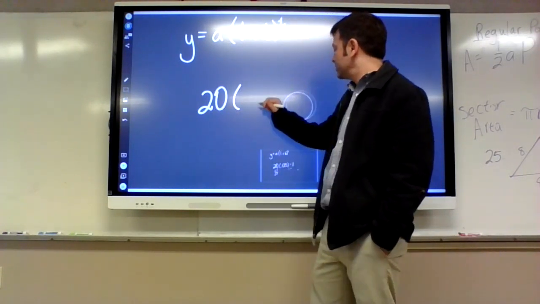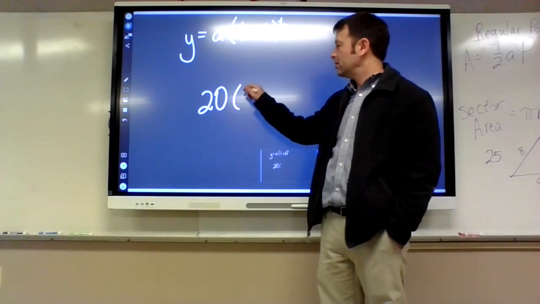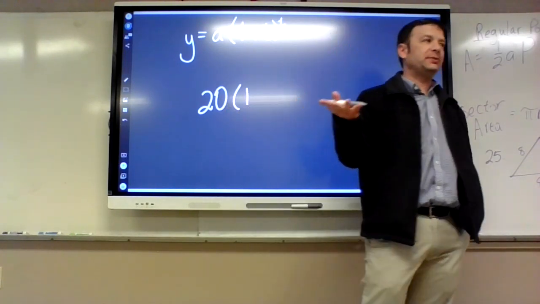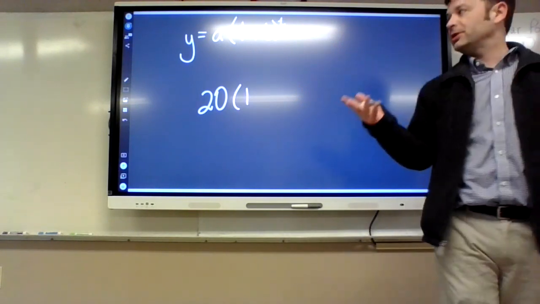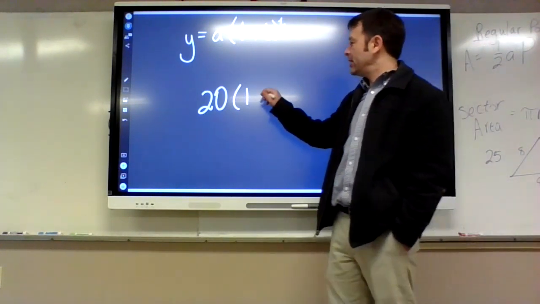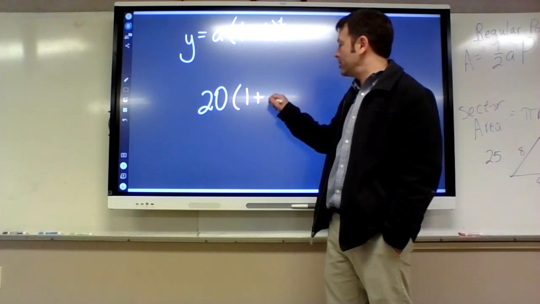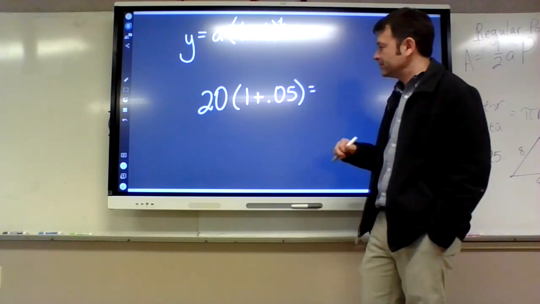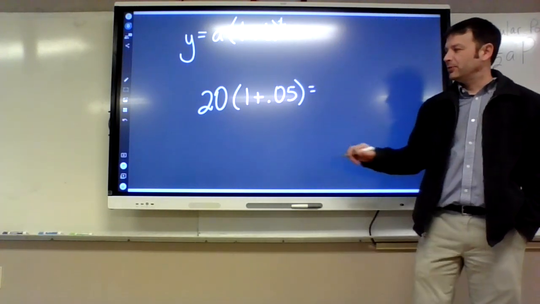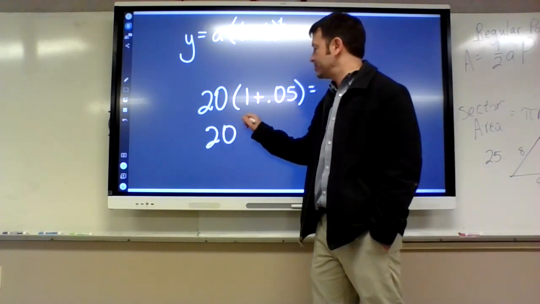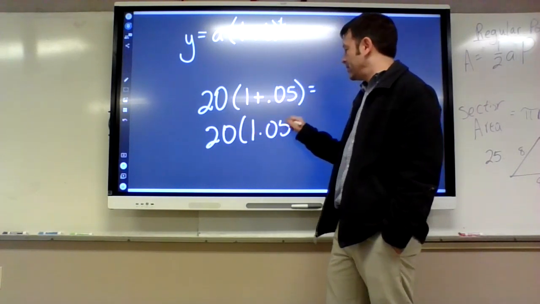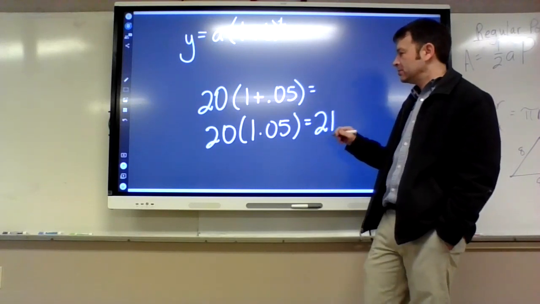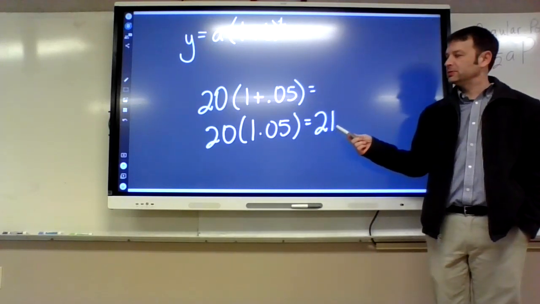Here's another question. What happens if I multiply a number by 1? What do I get? Same number. It stays the same. What happens if I multiply a number by 1 plus 5%? Well, I get 20 times 1.05, which comes out to 21.